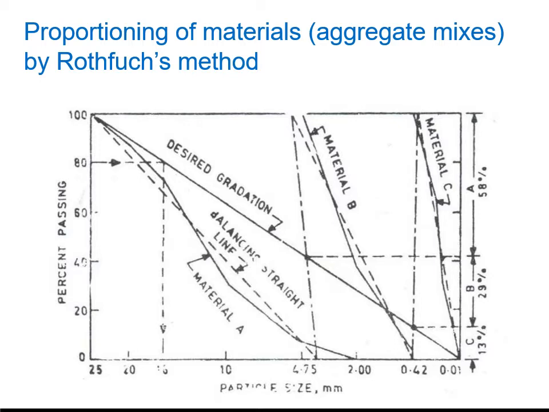A diagonal line is drawn from a point corresponding to the top left, that is 100% passing, that is the maximum particle size of the material, and to the point corresponding to 0% passing, the smallest particle size of the material.